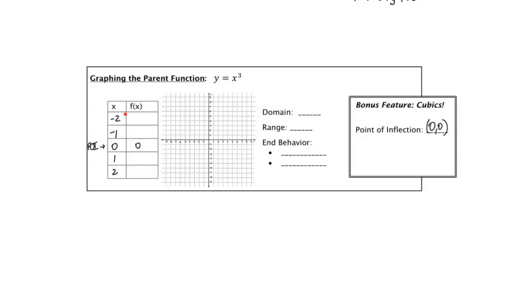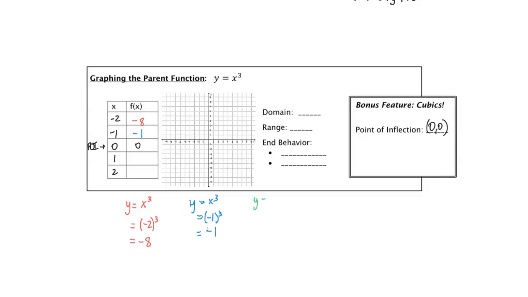So if we were to plug in -2 into our equation, what would our output be? We have y equals x cubed, we're plugging in -2 cubed, and -2 cubed gives us -8. If we go with y equals x cubed again, we have -1 to plug in, so -1 cubed is -1.